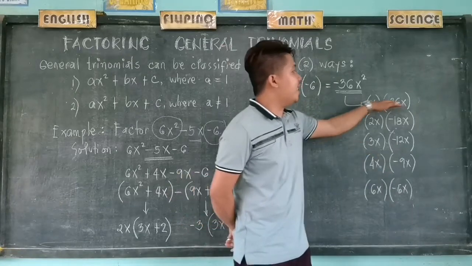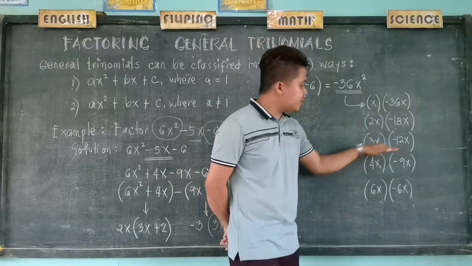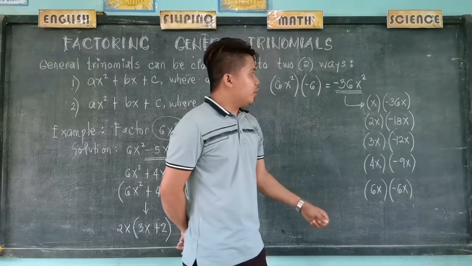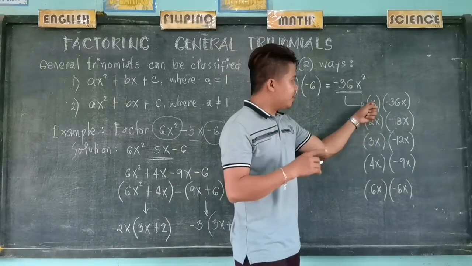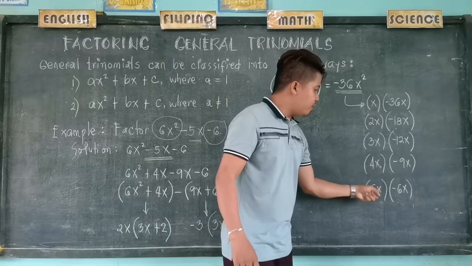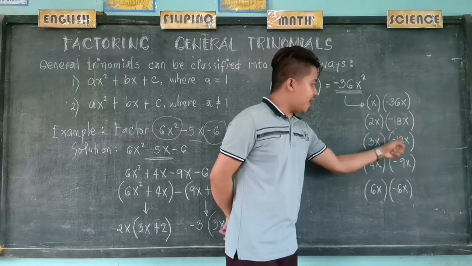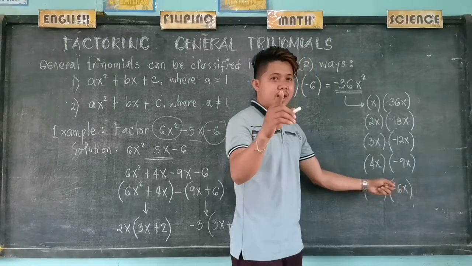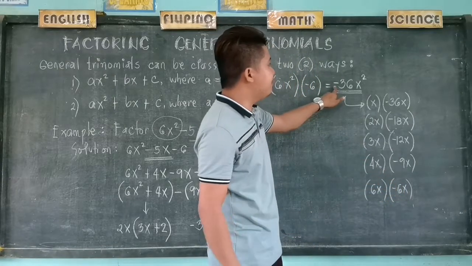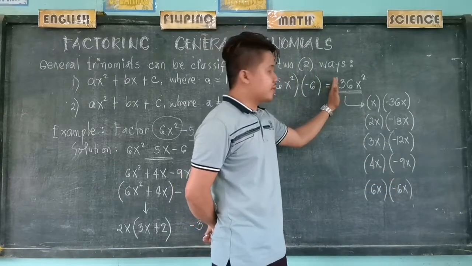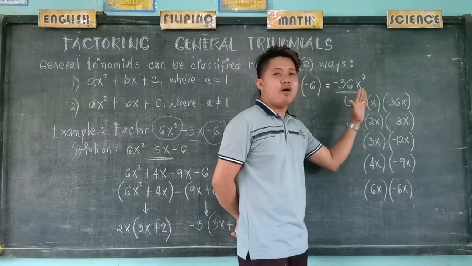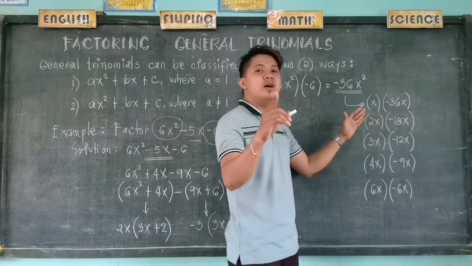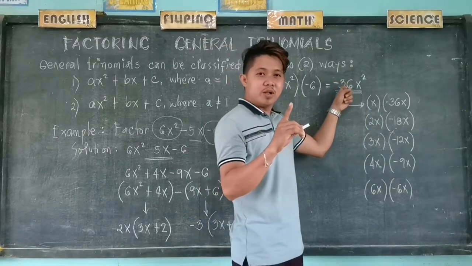If we multiply these factors, the result is negative 36x squared. But we can have these numbers be negative and the other side positive numbers. Remember, if we factor a negative number, their factors must have a sign of positive and negative, since positive times negative will have a negative result, okay?